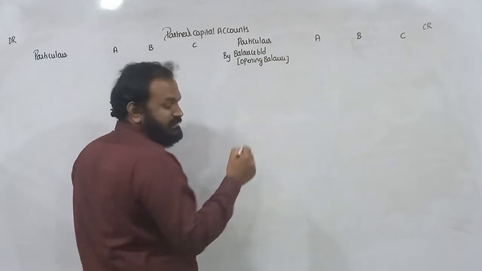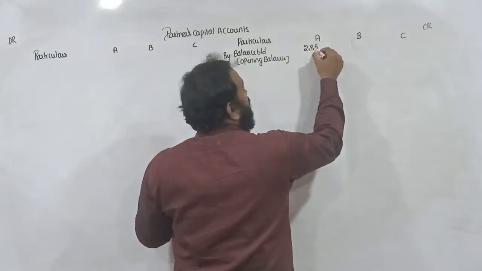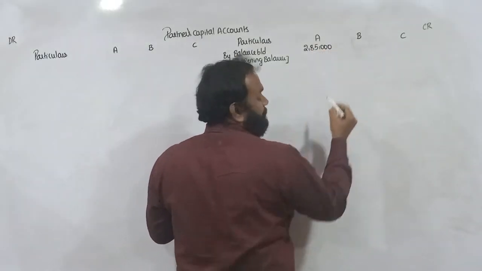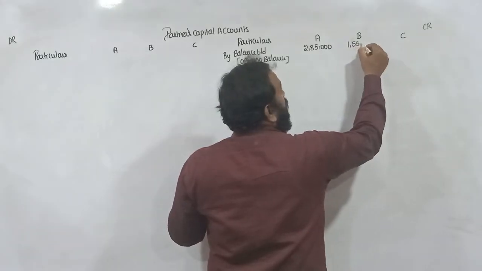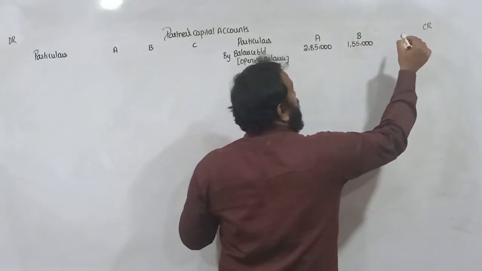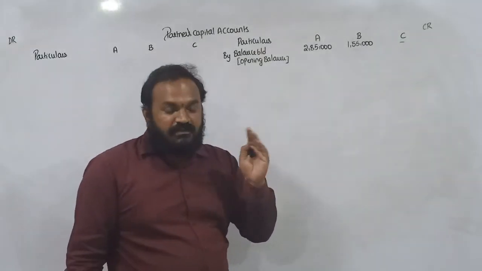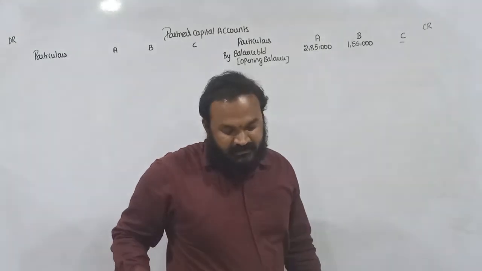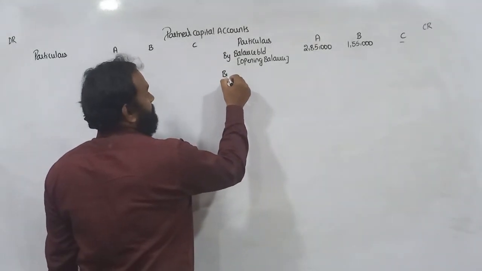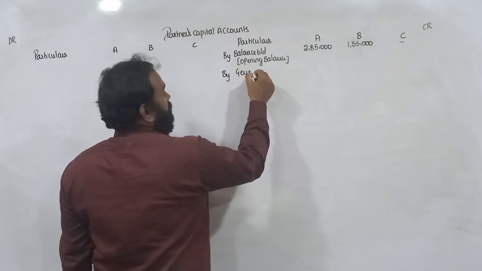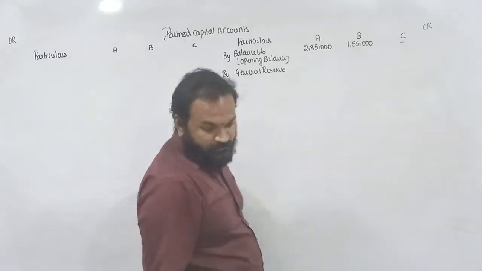Opening balance: A 2,85,000, B 1,55,000. Next, general reserve is there, no? It should be distributed to old partners in their old profit sharing ratio. By general reserve, so how much?